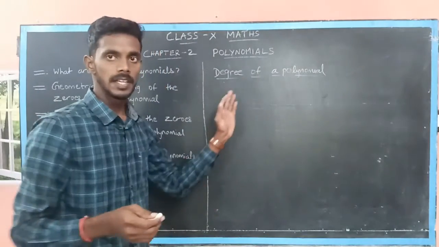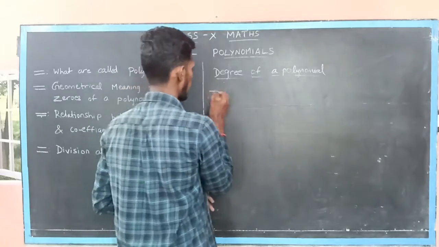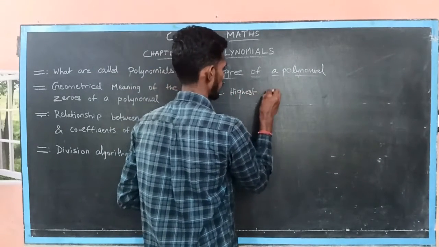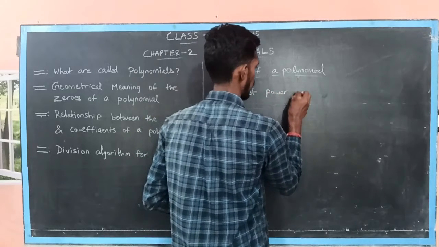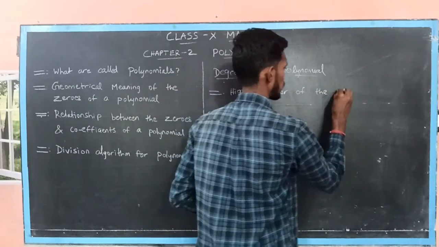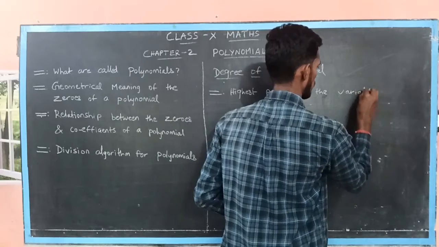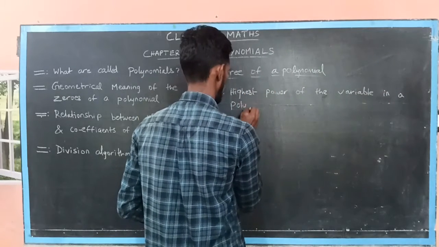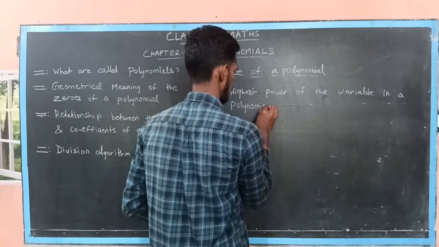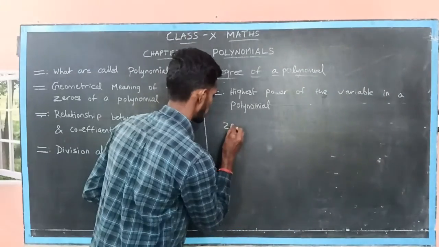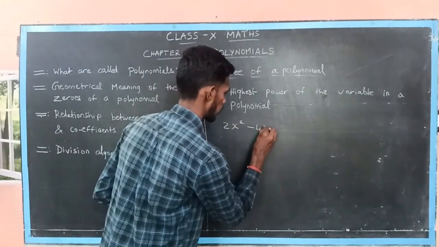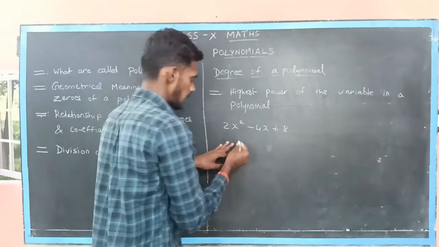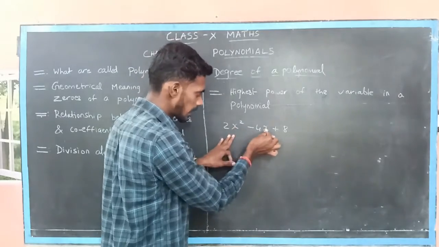Then degree of a polynomial. Degree of a polynomial is nothing but the highest power of the variable in a polynomial. Let me take an example, 2x square minus 4x plus 8. I am going to pick the powers of the variable x.